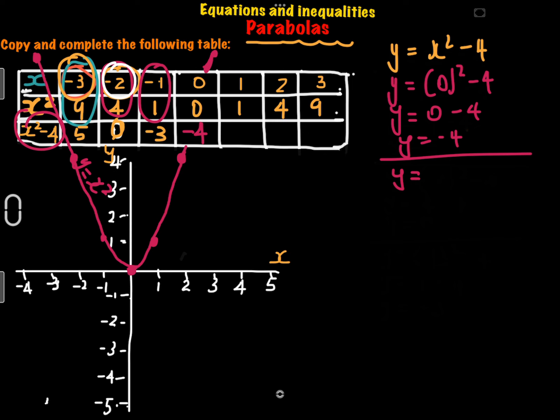So we have -4 there. Y is equals to, this time we have 1 raised to the second power minus 4. So we have 1 times 1 is equals to 1 minus 4 is equals to -3. Okay, we're going to have 0 this time here. And we're going to have lastly 5 as output since it's parabolic.